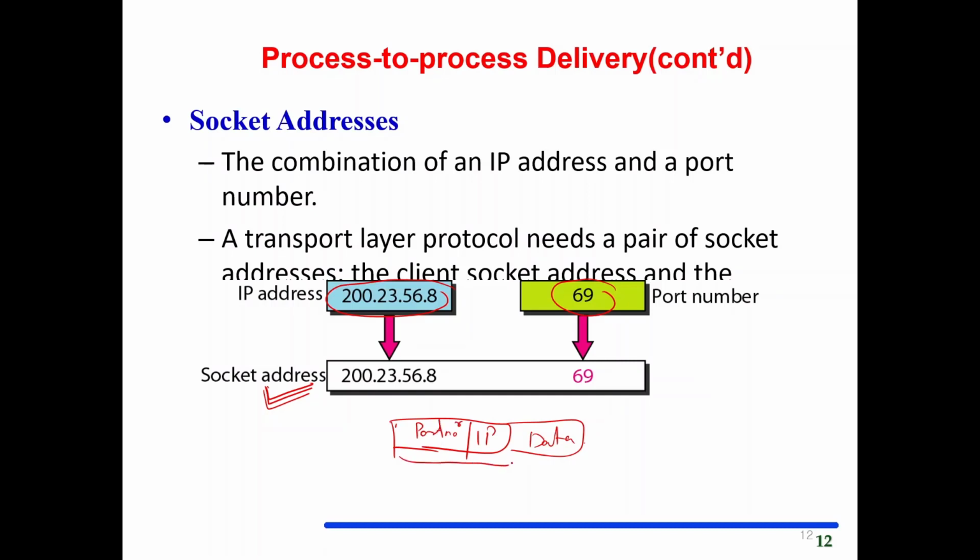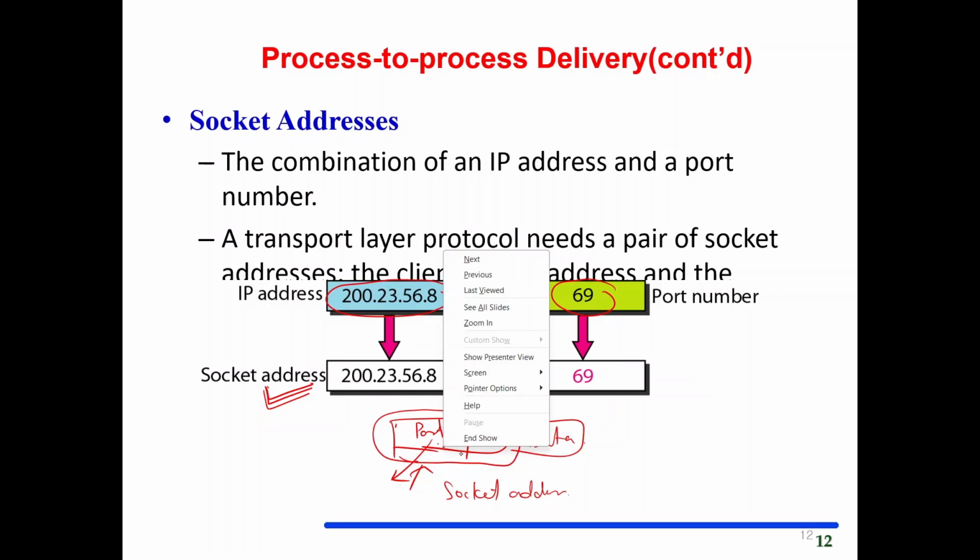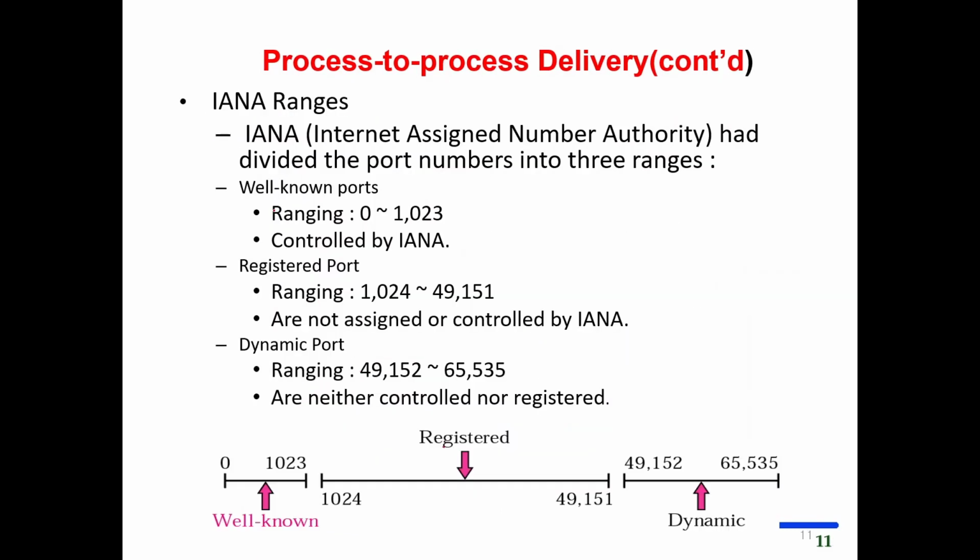This combination of the port number and IP address is called the socket address. The socket address is nothing but port number as well as IP address. Here specifically, the port number represents what type of process you are running, accessing or requesting. So that is the importance of port number in the transport layer. You can see here the clear picture.